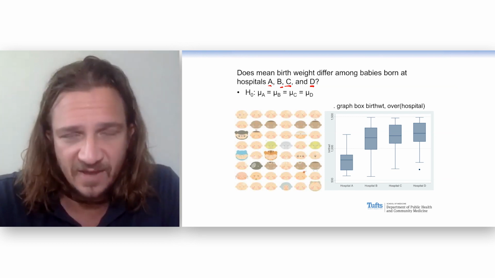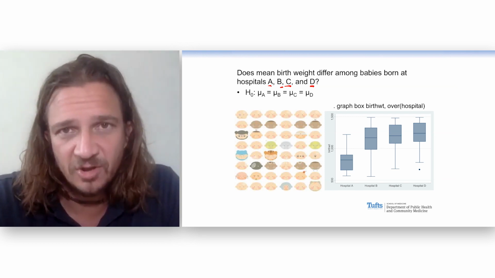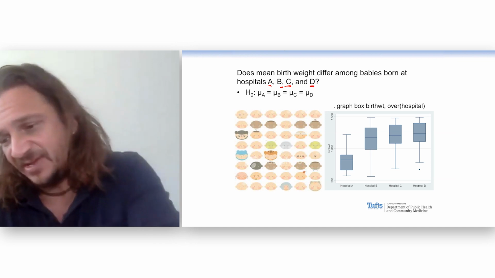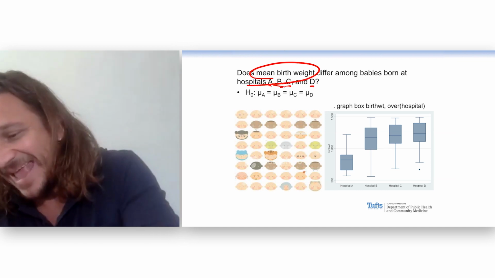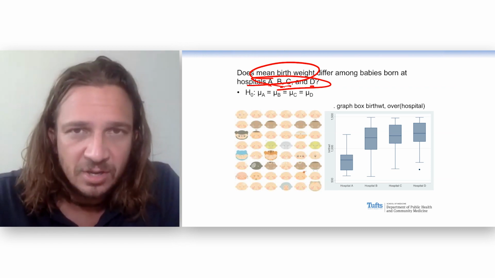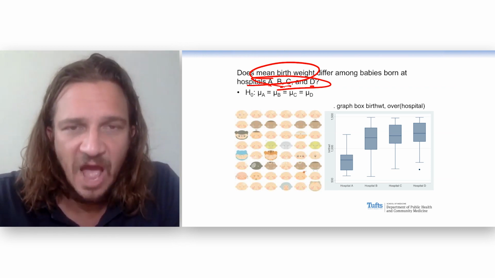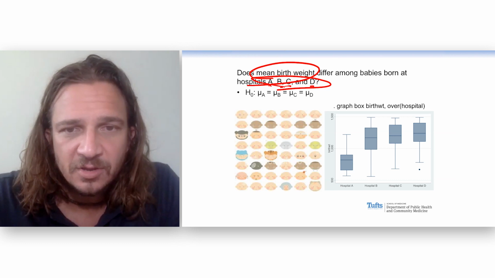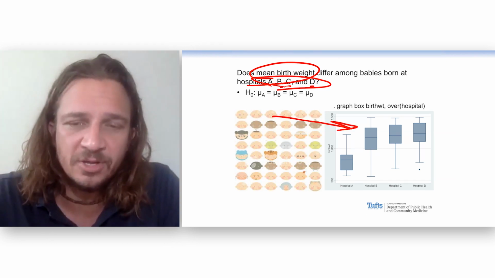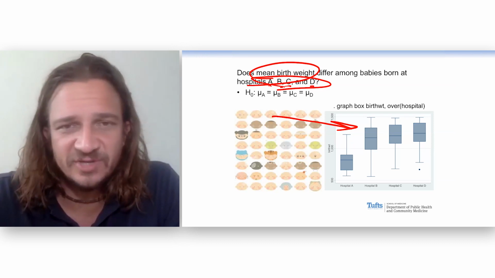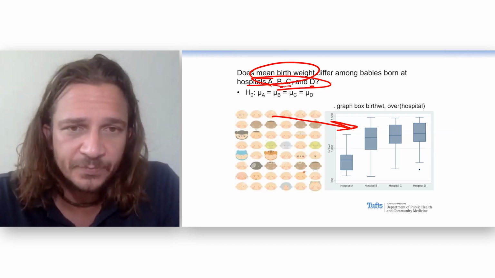How many variables do you have? What types of variables are they? Well, you have a continuous outcome variable, birth weight, and you have a single categorical predictor variable, hospital. You always look at the data. And if we look at the data, we could do a box plot right here. And if we wanted to answer this research question, it's a one-way ANOVA.